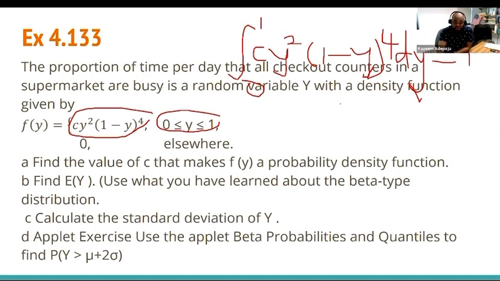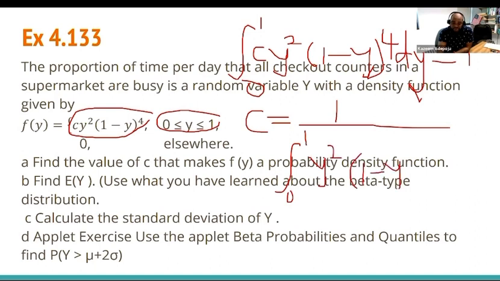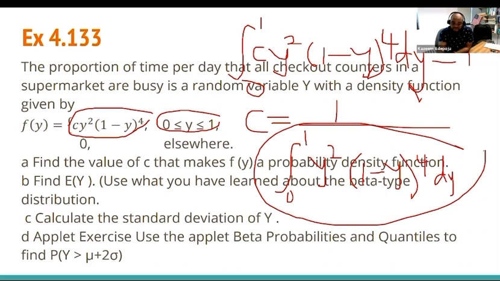If you want to use the idea of a beta function, do you know that my c is going to be 1 divided by the integral from 0 to 1 of y squared times (1 minus y) raised to power 4 dy? If you take a look at this, that is basically going to be a beta function.